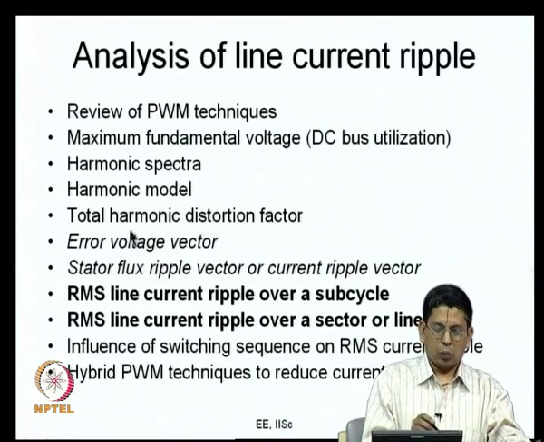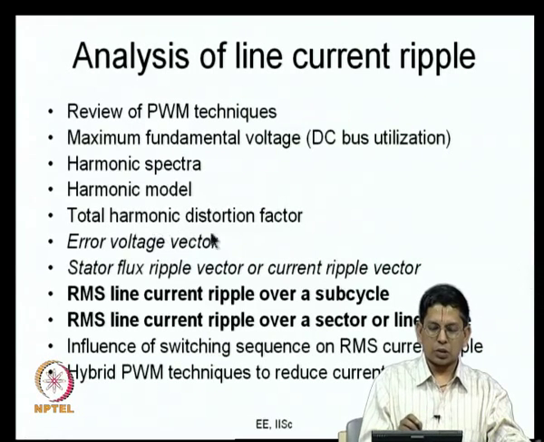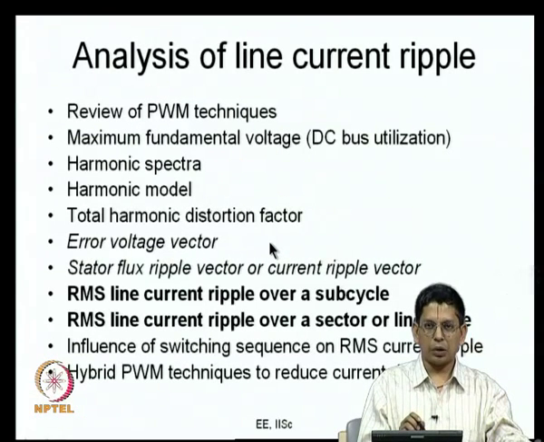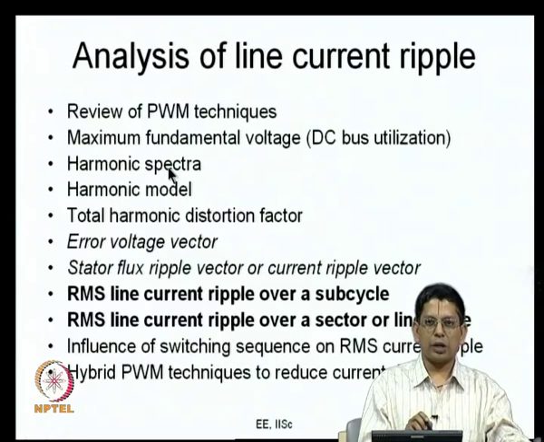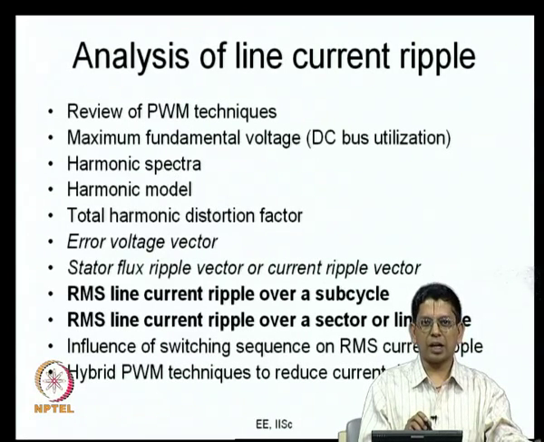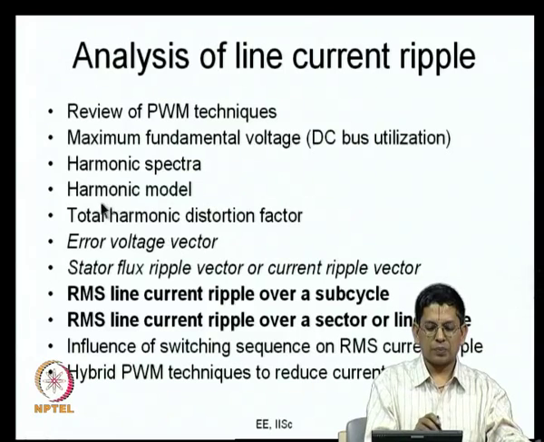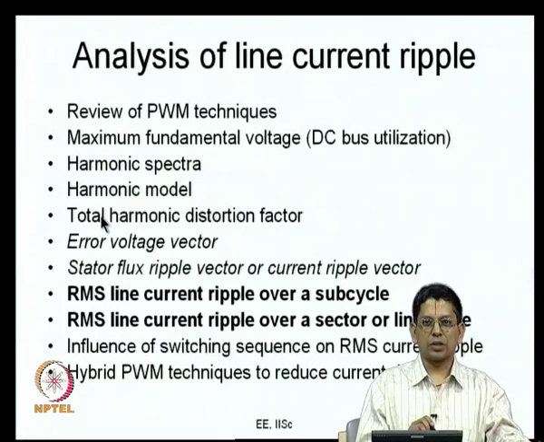One way to come up with this is to calculate the individual harmonic components of the voltage, from there compute the individual current harmonic components, and from there the RMS current ripple, and hence the total harmonic distortion factor.